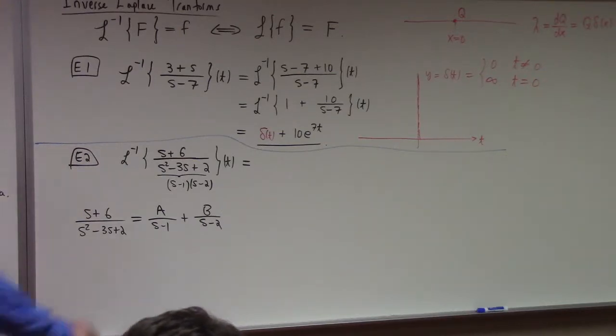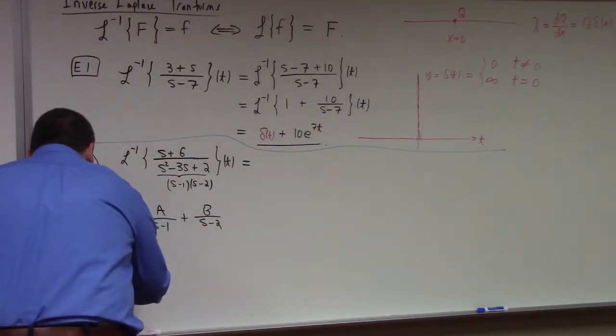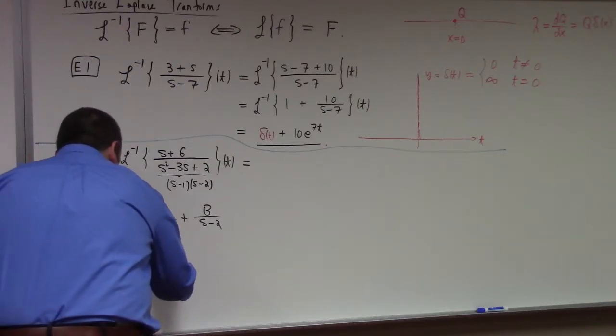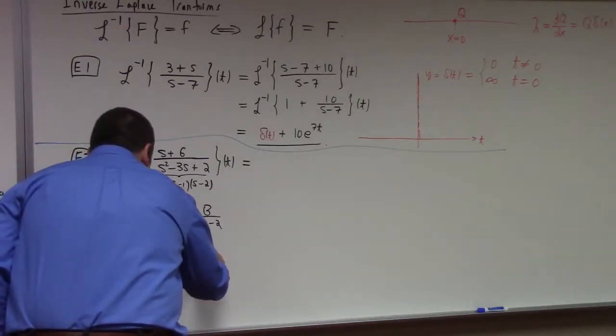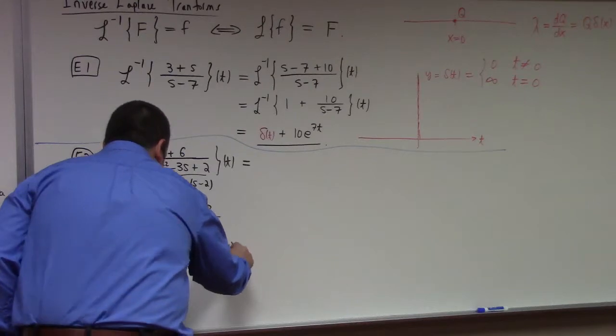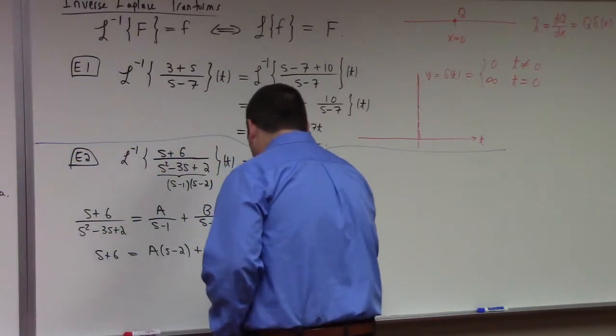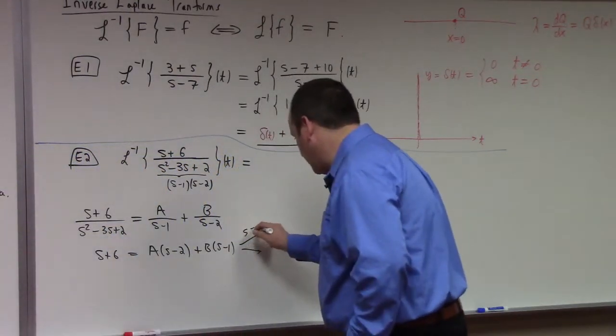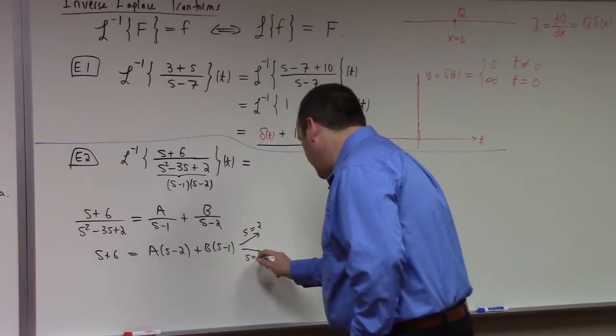And so you multiply both sides by the denominator. And that gives us s plus 6 is a times (s minus 2) plus b times (s minus 1). And let's see here. If you put in s equals 2, what do we get? If you put in s equals 1, what do we get?